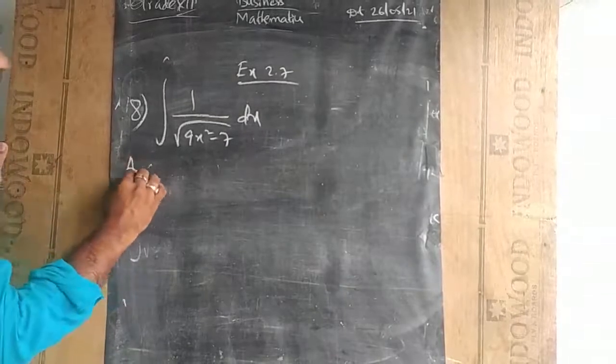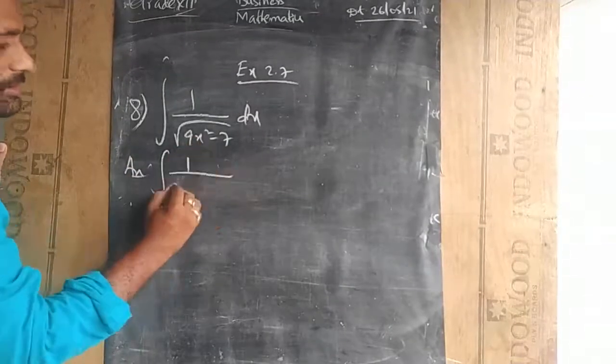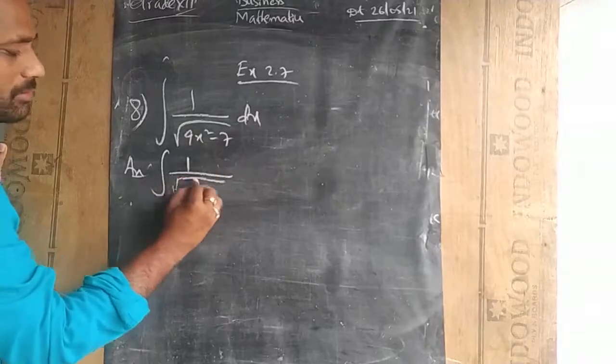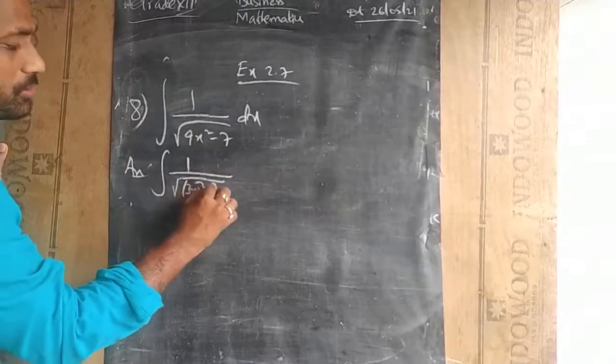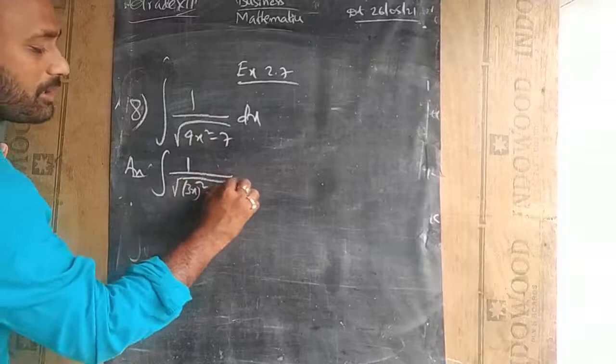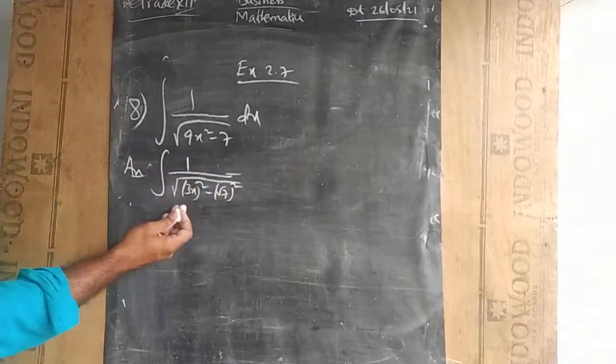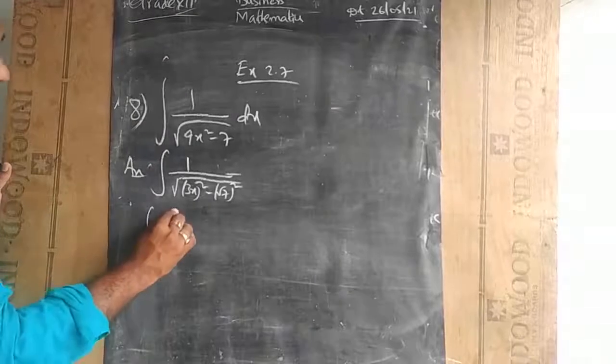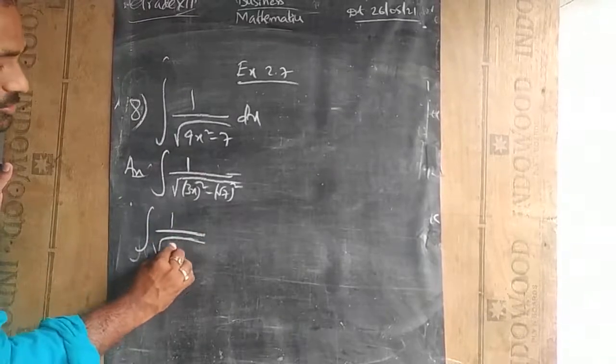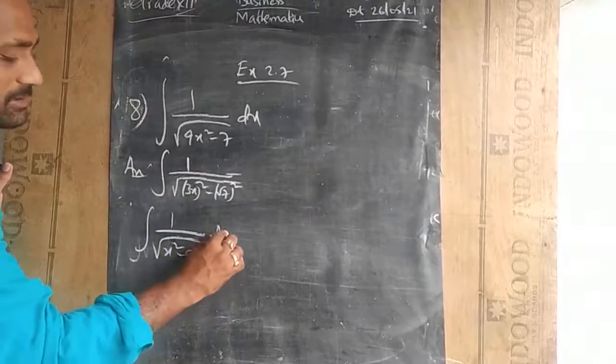Answer: integral 1 by, this can be written as 3x whole square minus root 7 whole square. Now it is looking like x square minus a square. So integral 1 by root of x square minus a square dx.